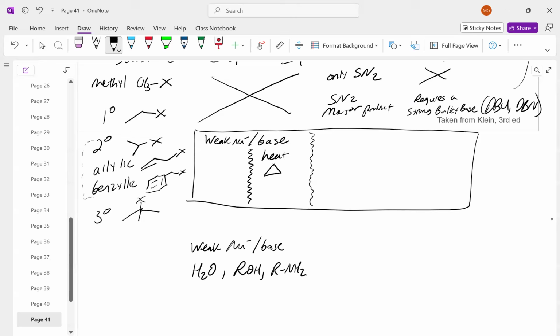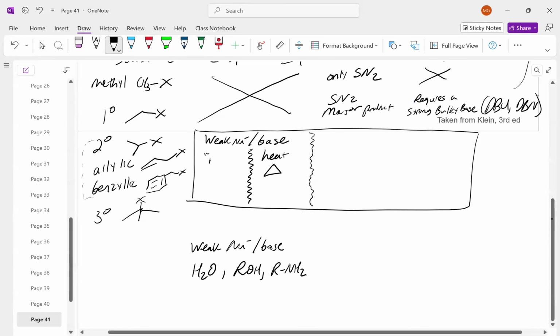A lot of times you'll see the delta symbol, or you'll see really, really high temperatures. Most reactions require a little bit of heat at least, but when I say heat, we're heating them up to reflux or to boiling. And it's the heat that's required to push the major product to be E1.